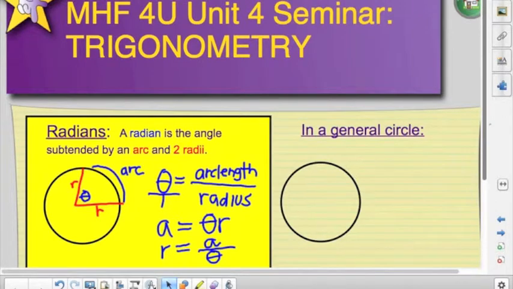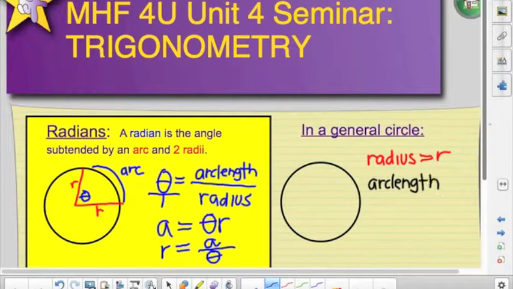Now, in a general circle, remember that your radius is equal to r, and in a general circle, your arc length is going to be equal to your circumference of your circle, and your circumference is always, the formula is 2 pi r.